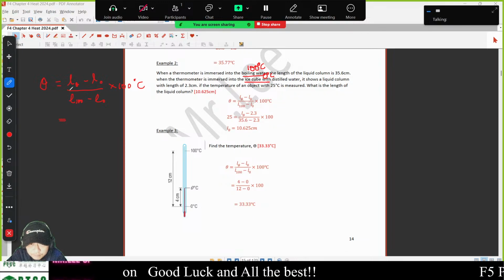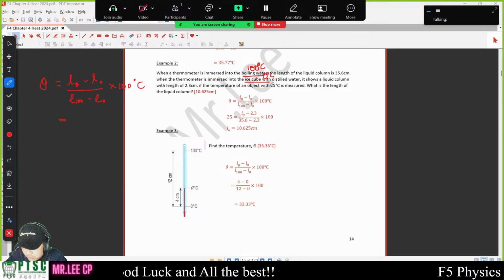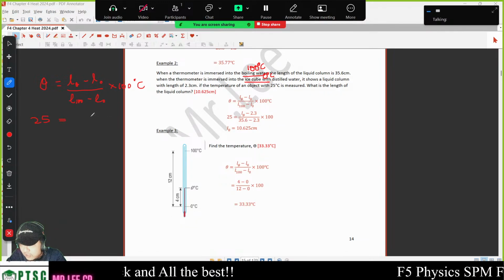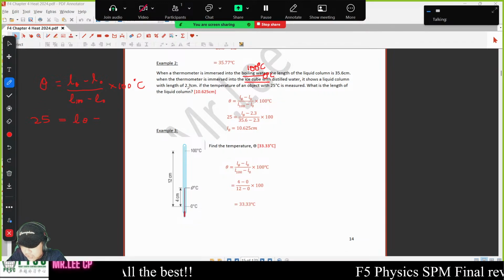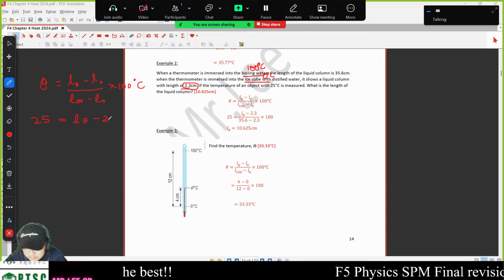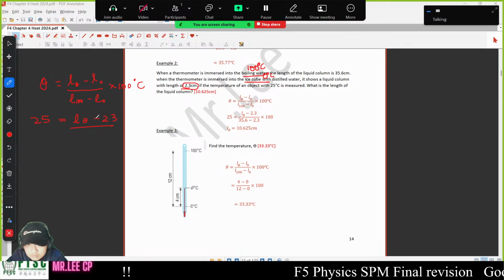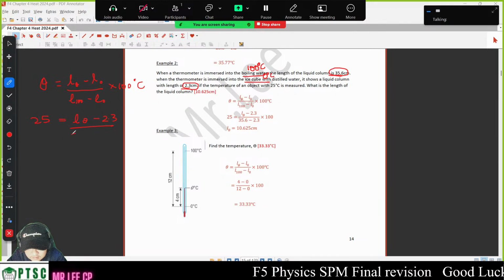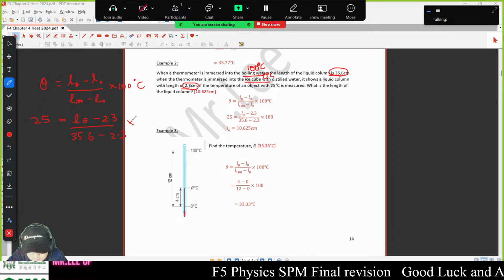Now L theta, the length when you immerse it at 25 degrees, you don't know. L theta minus length when 0, which is 2.3, over length when 100, which is 35.6, minus 2.3, times 100.